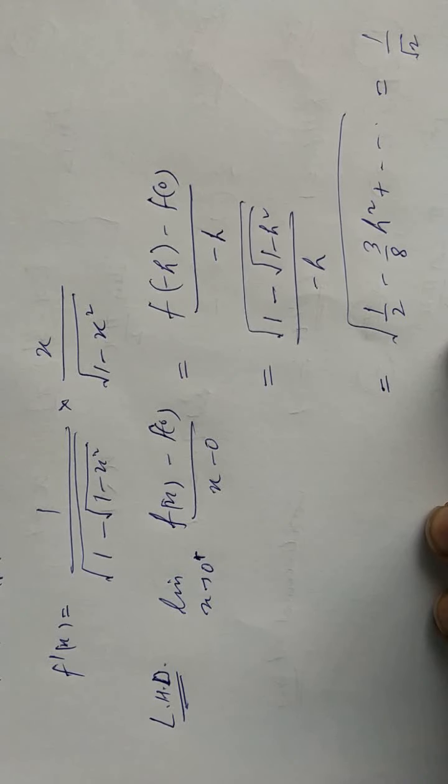Moving on to the next question, question number 44. Question number 44 says, let f(x) be a function differentiable at x is equal to c.